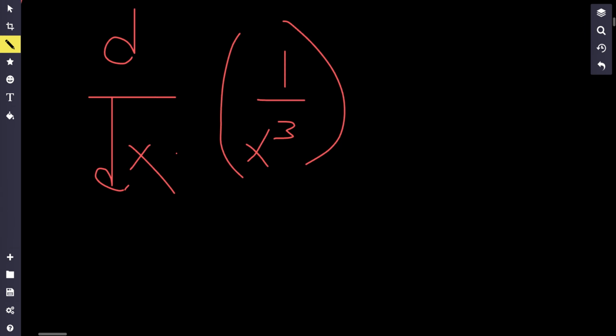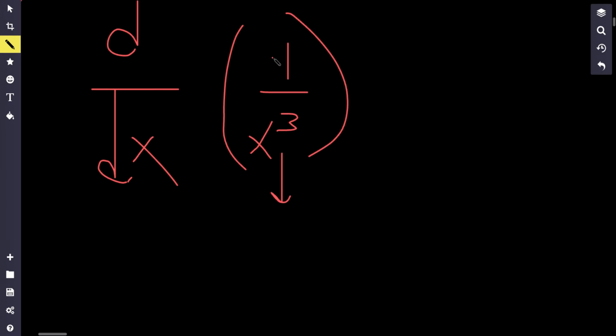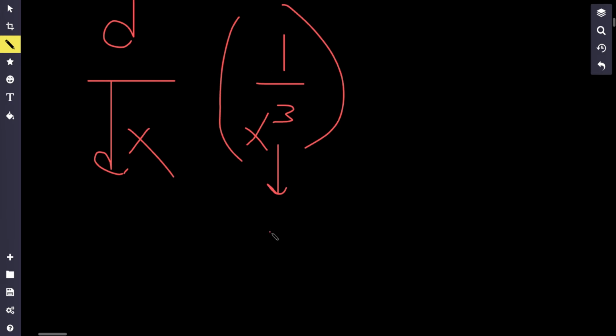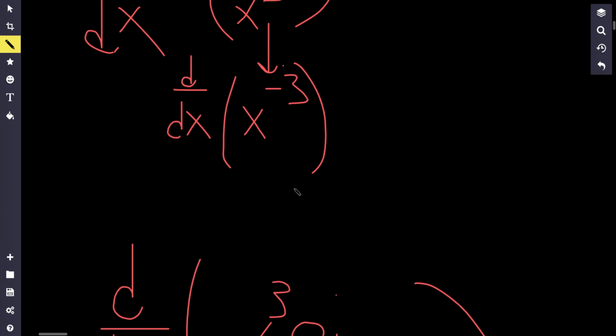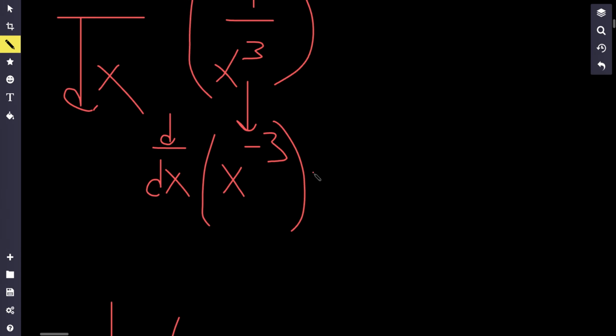Find the derivative of this right over here, 1 divided by x to the third power. Well, you can actually rewrite 1 over x to the third power as x to the negative 3 power. So this is the same thing as the derivative of x to the negative 3 power, using properties of negative exponents. So now you can just apply the power rule.